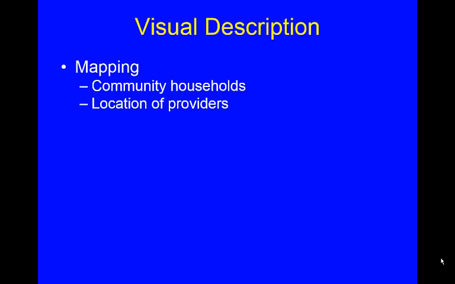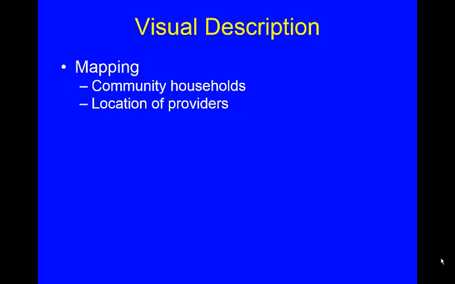Okay, finally, let's think about some of the activities that come under the rapid appraisal heading. And I group these in my work under two general headings. One is visual description. So drawing maps, village maps, where the people live, how many people live in each household, how many households have children, what ages of the children.